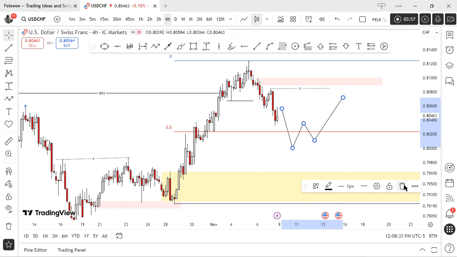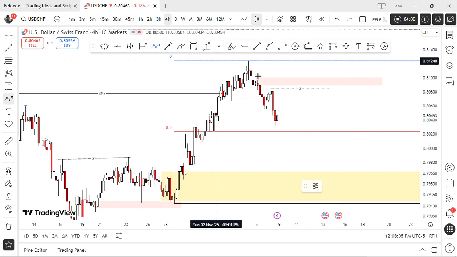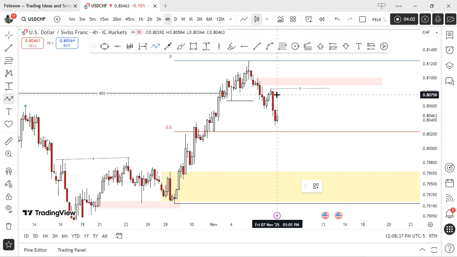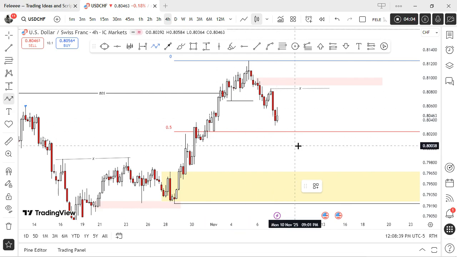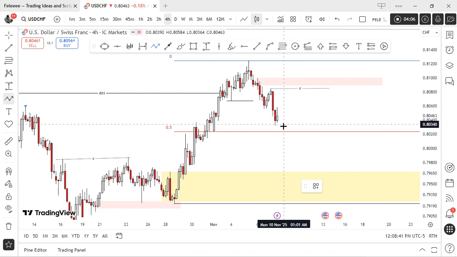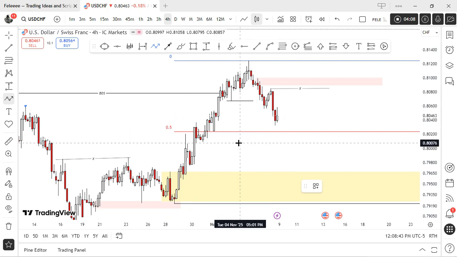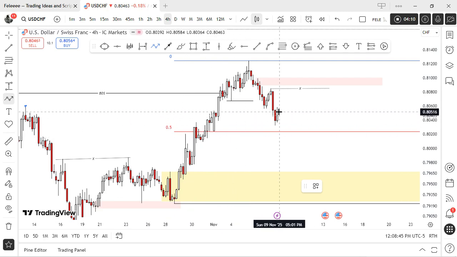So I'll only take this sell trade if price starts correcting before going below this 0.5 fib retracement.